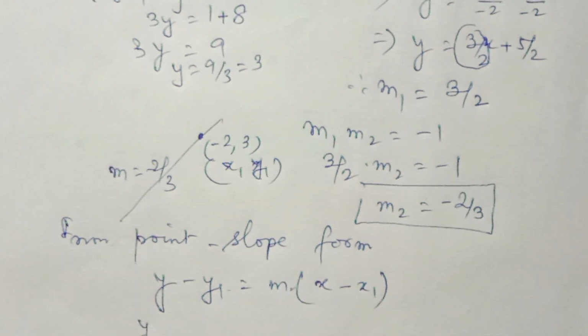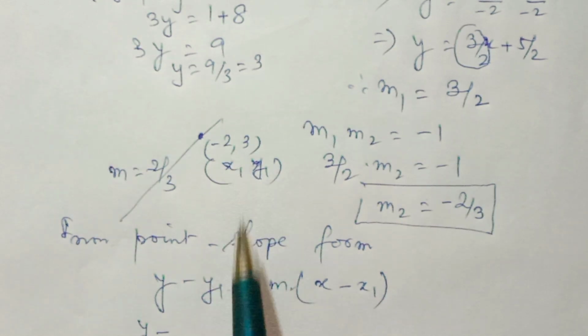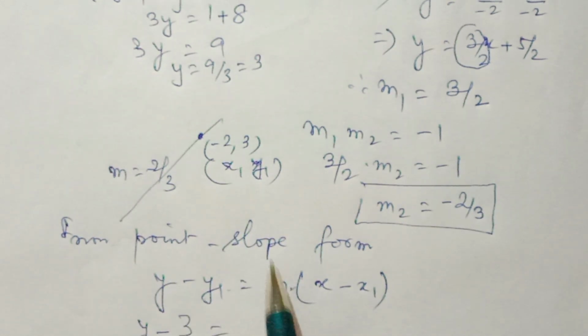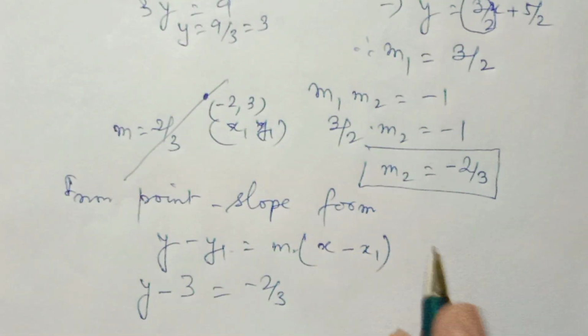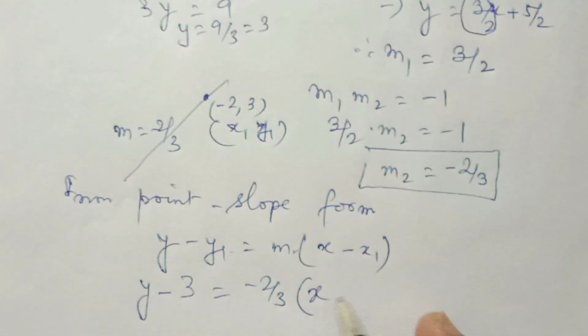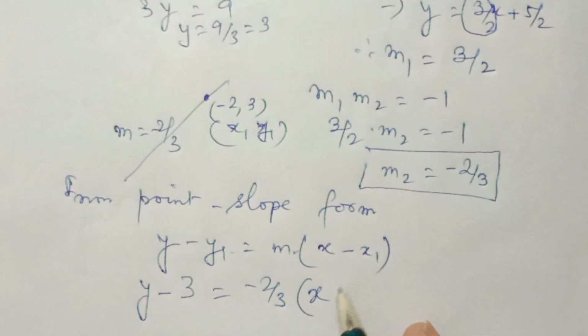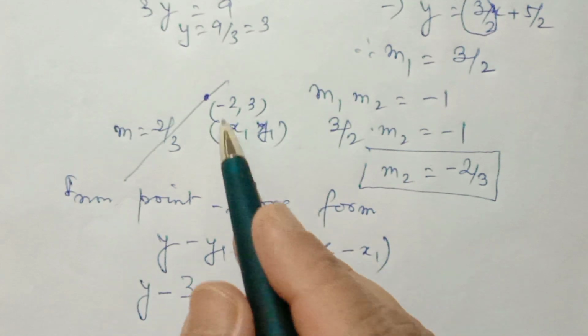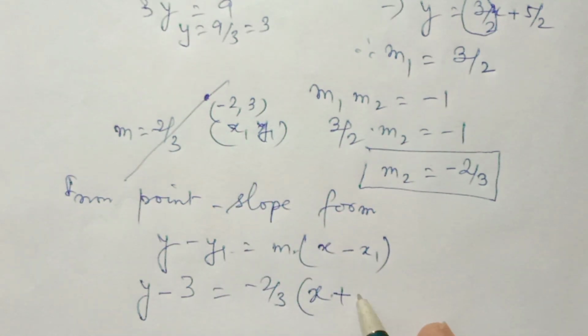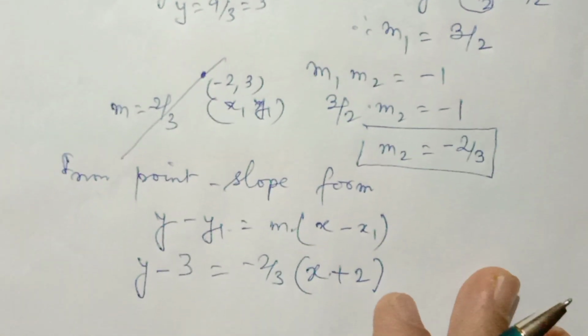So we'll put the values now. What is y1? 3. m is -2/3. Then y and x will remain there because you are writing the equation, and x1 is -2, so minus minus becomes plus.